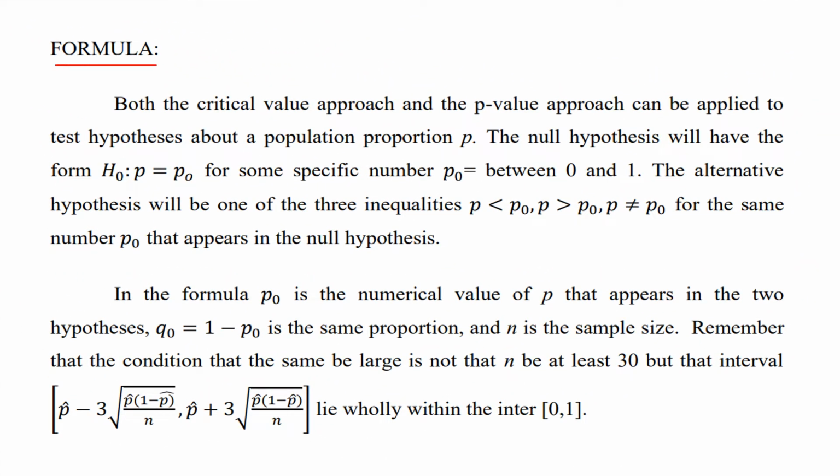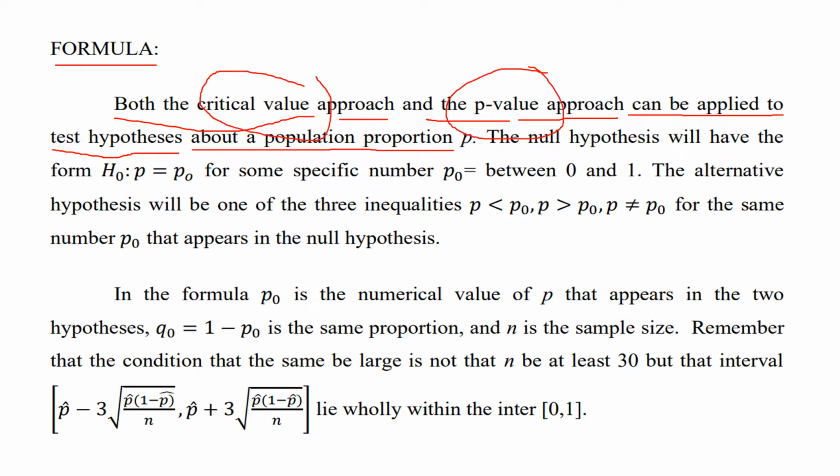For the formula, both the critical value approach and the p-value approach can be applied to testing hypotheses about a population proportion p. We simply compare the critical value and the p-value. The null hypothesis will have the form H0: p equals p sub 0, for some specific number p sub 0 between 0 and 1.